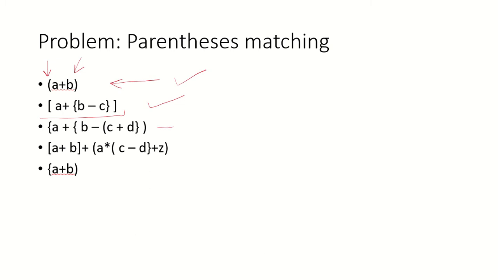Let us take a case of this. You see over here that the opening bracket is a round bracket, whereas the closing bracket is a curly bracket. So here the parentheses are not matching. Again, here the parentheses are not matching. Again, the parentheses are not matching over here.